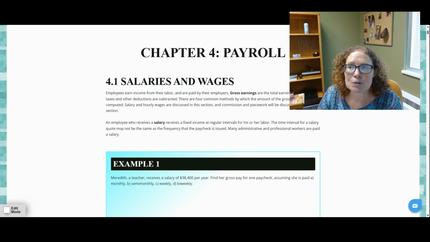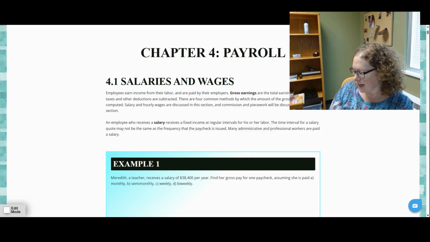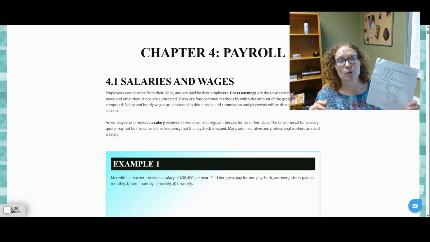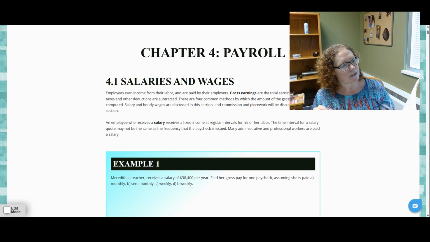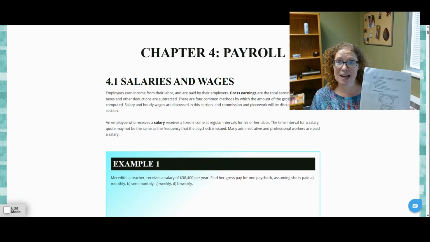I want to let you know there are different tax tables depending on the state, the years, all those kinds of things. I did attach, in your chapter 4 module, some tax tables that I would like you to use for these exercises, for these assignments.